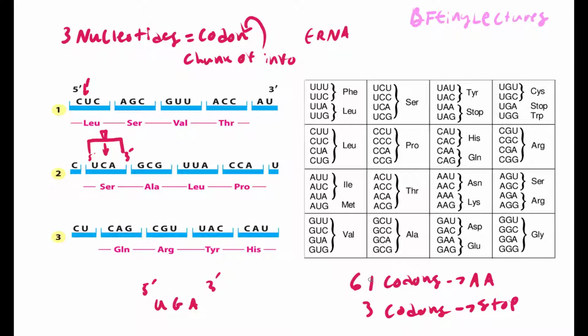Now, there is a start codon, and a start codon is one of the 61 codons right there. So a start codon is actually methionine. So notice that there is only one codon that codes for methionine, and this codon is called AUG. And again, this is from the 5' to the 3' direction.